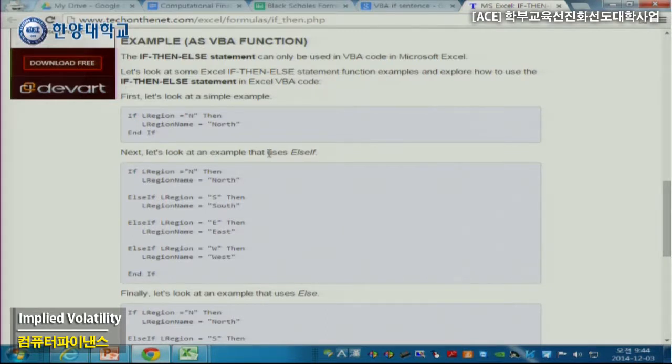Oh, is it working well? 아직 하는 중이에요. Okay. Yeah. So is it fine?